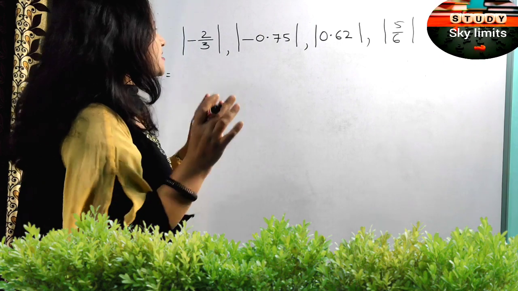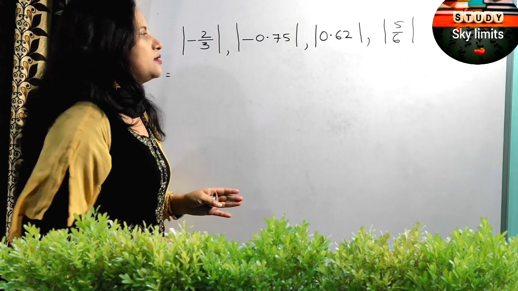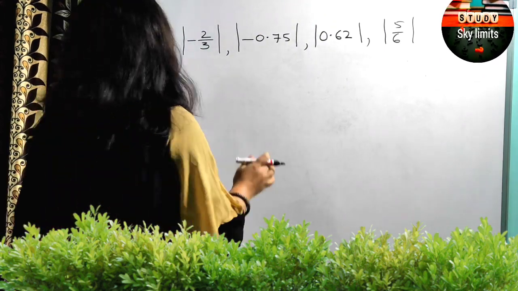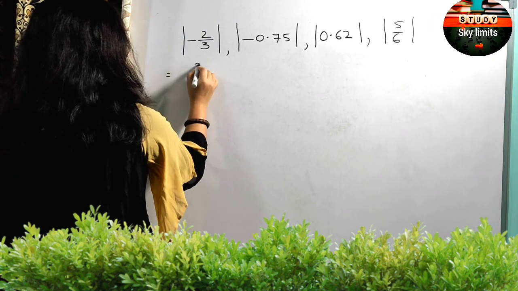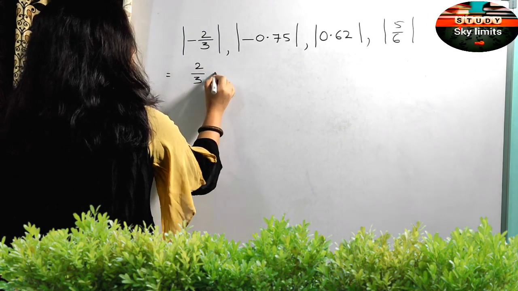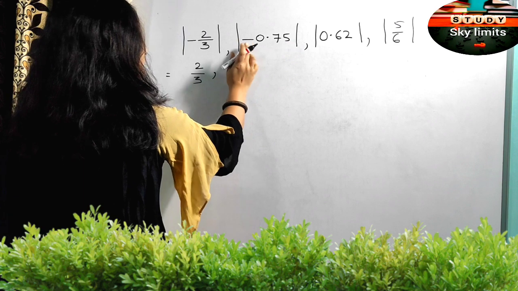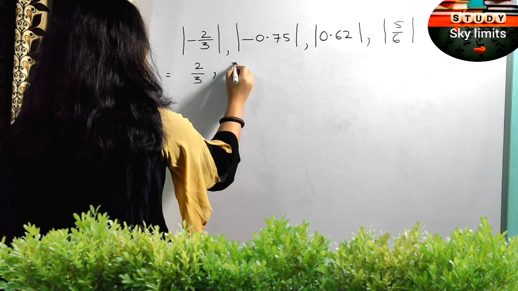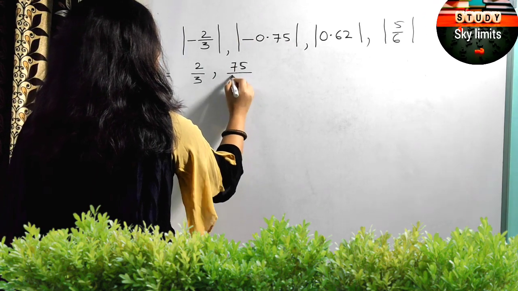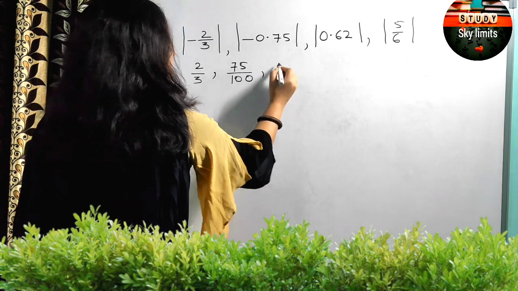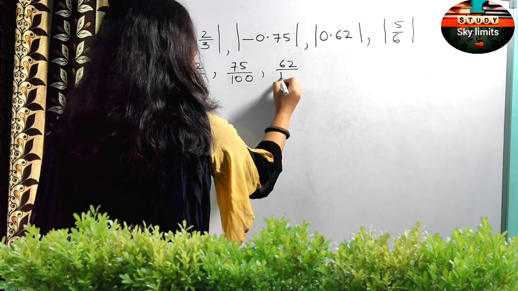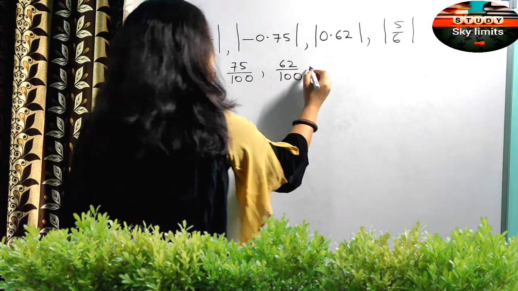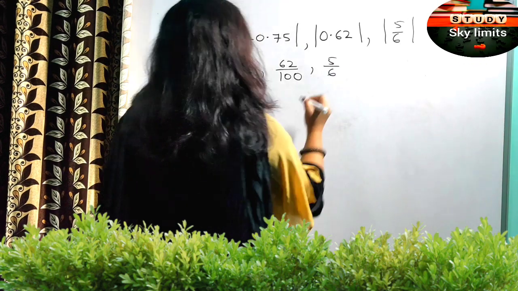With the idea of integers and fractions, you can solve these very easily. So minus 2 by 3 will be 2 by 3. Minus 0.75, the minus sign goes out, so 75 by 100. Here you have 62 by 100 and here 5 by 6.